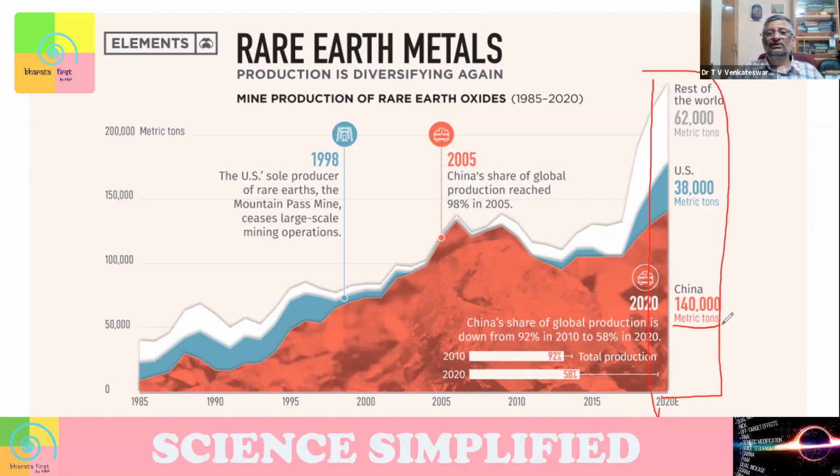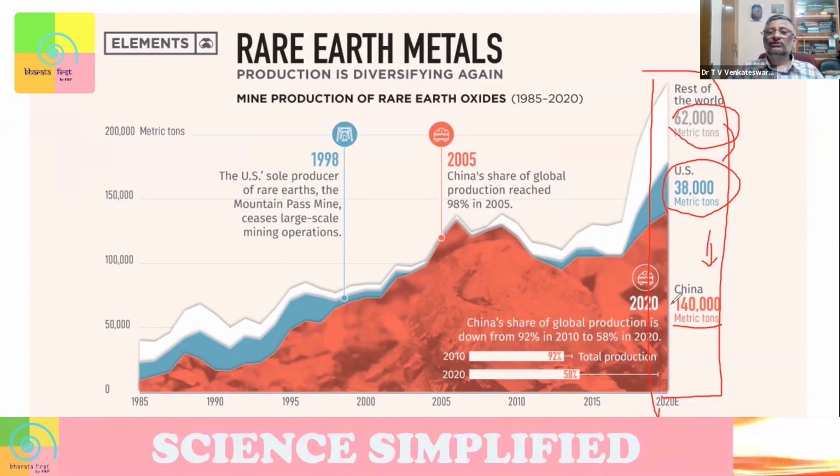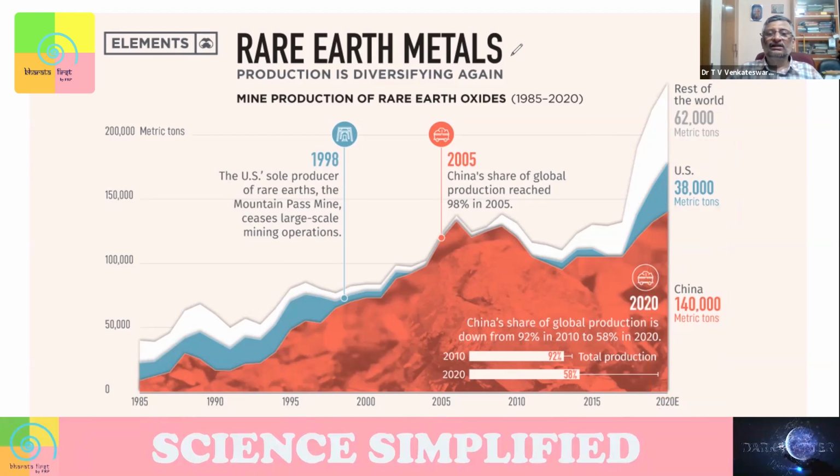Even today, China alone produces 1 lakh 40,000 metric tons, whereas US production is just 38,000 metric tons, and the rest of the world is 62,000 metric tons. So even now China is producing more than 50% of rare earth elements.